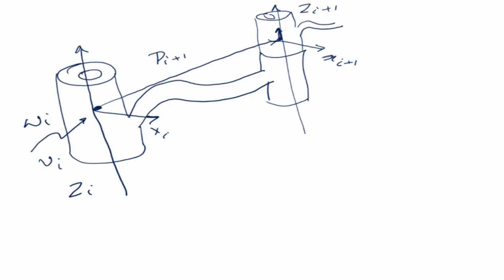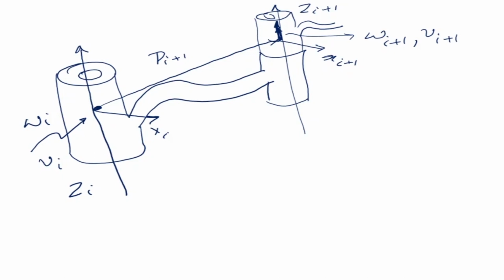Let's say this frame which is fitted here has an angular velocity omega i and a linear velocity vi. The next frame, which is here, is subjected to omega i plus 1 and vi plus 1.